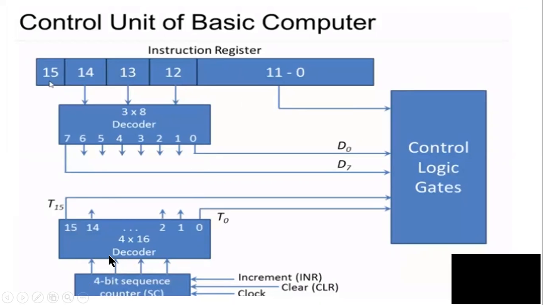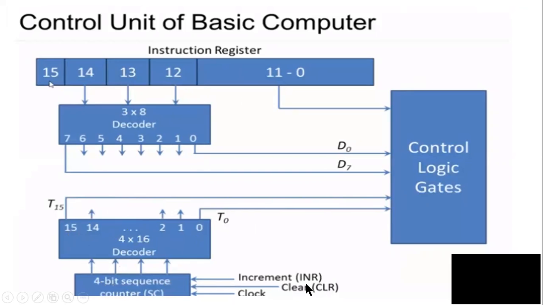The output of this 4-bit sequence counter is given to the 4 to 16 decoder, so we will be getting 0 to 15. So we will get different timing cycles from T0 to T15. In all, we can obtain 16 timing cycles using the 4-bit sequence counter SC.